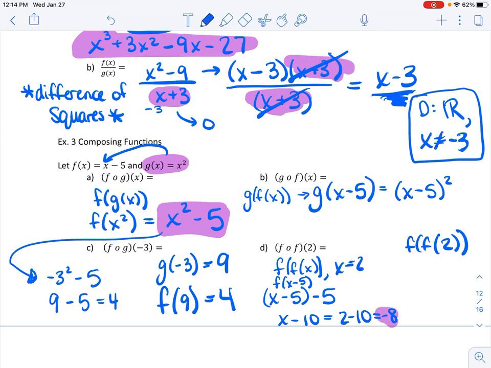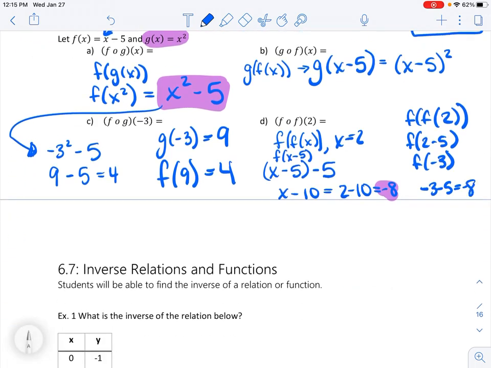The way that I honestly think is easier is just plug in 2 to the f equation, so we get -3. And then you plug -3 in again to the f equation, and we get -8 as well. So either way we go about it, we both get the same answer.